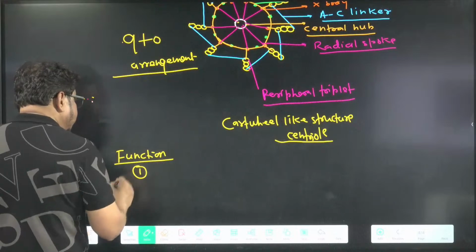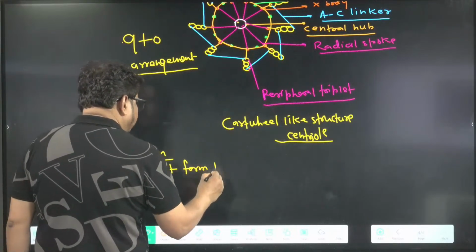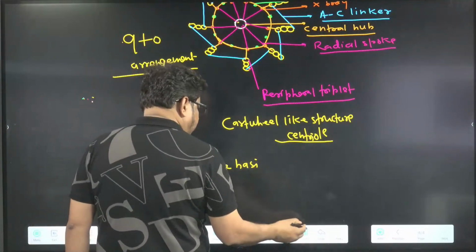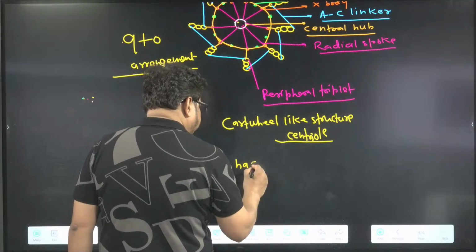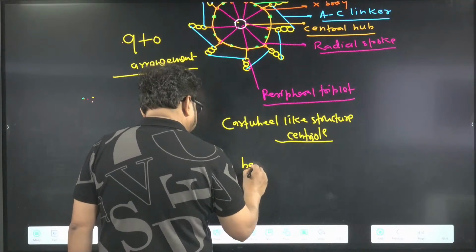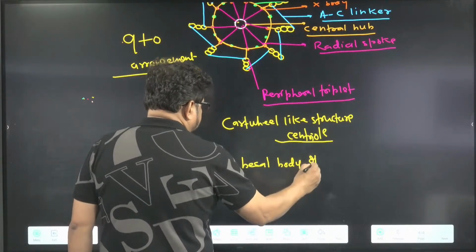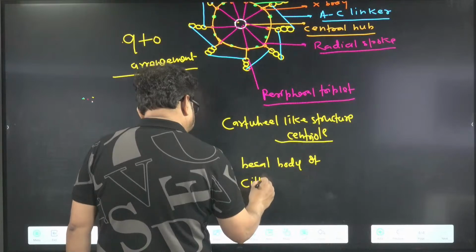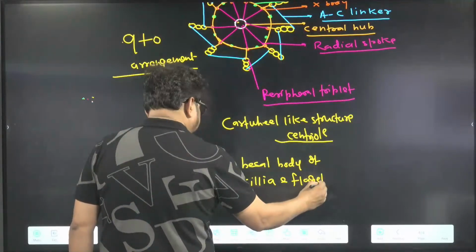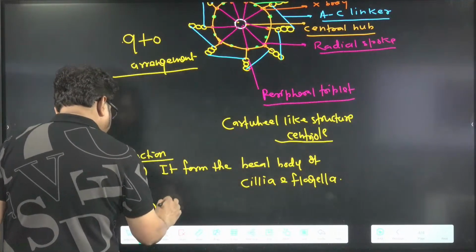So first function is what? It forms the basal body of cilia and flagella. Second function is spindle formation.